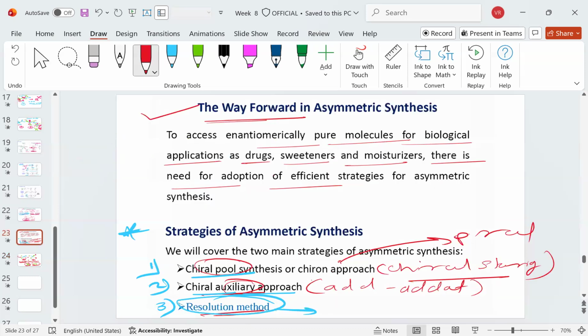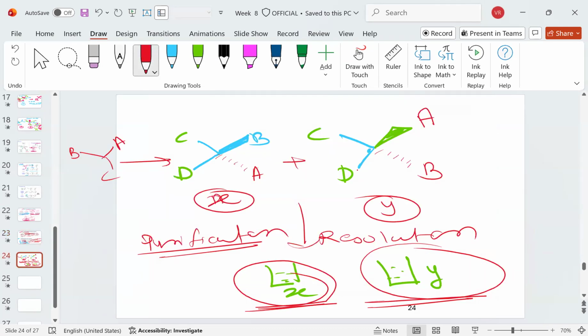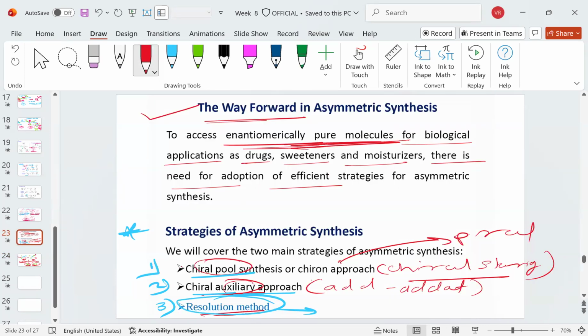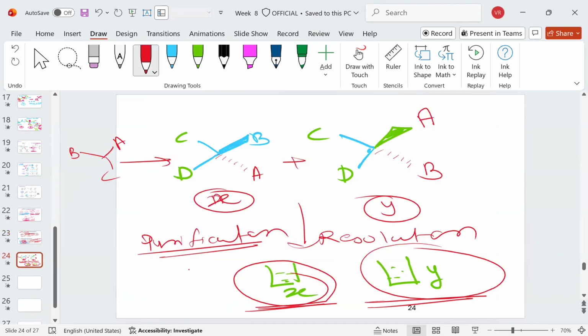The ultimate aim is that we need an enantiomerically pure final molecule, whatever the application. Then we can use these three types of approaches: chiral pool, chiral auxiliary, or the resolution method. The resolution method is the simplest one, as I have already mentioned.